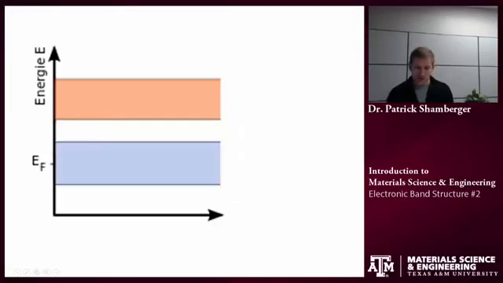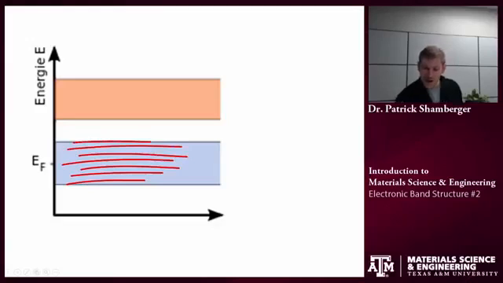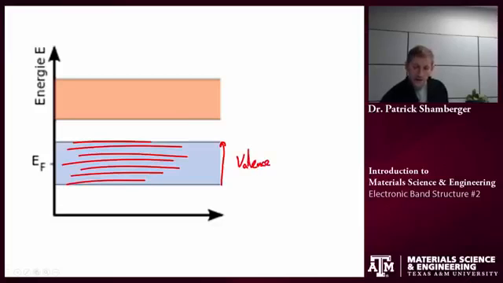Okay, what happens if we have only enough electrons that when we start filling them up, we end up with a full valence band, but we don't have enough to start occupying what we call the conduction band.